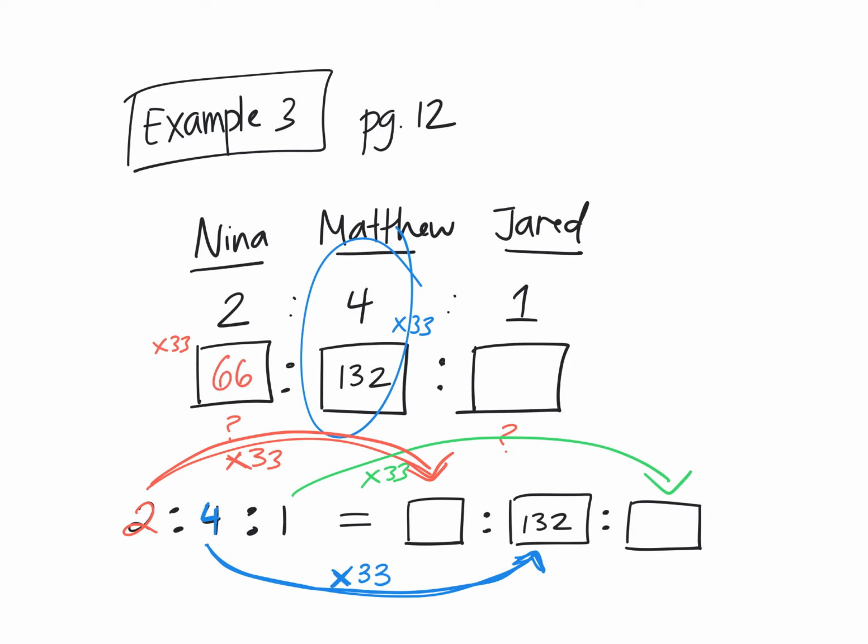And I'm going to multiply 1 times 33 to get Jared's results. What's 1 times 33? 33. And this was 66. So the question said, how many votes did Nina get? Nina got how many votes? 66 votes. And B, how many votes did Jared get?